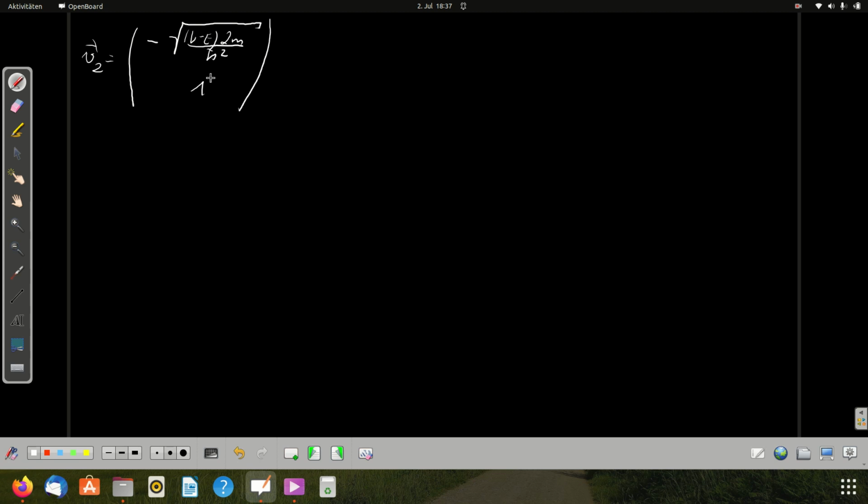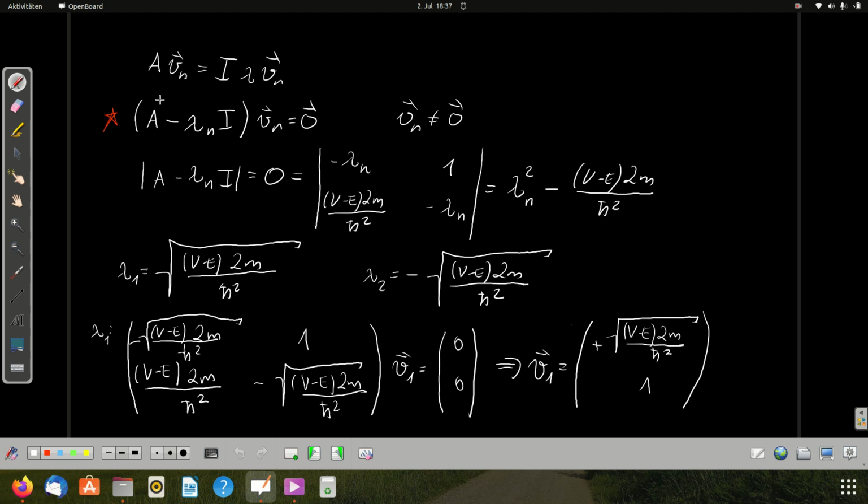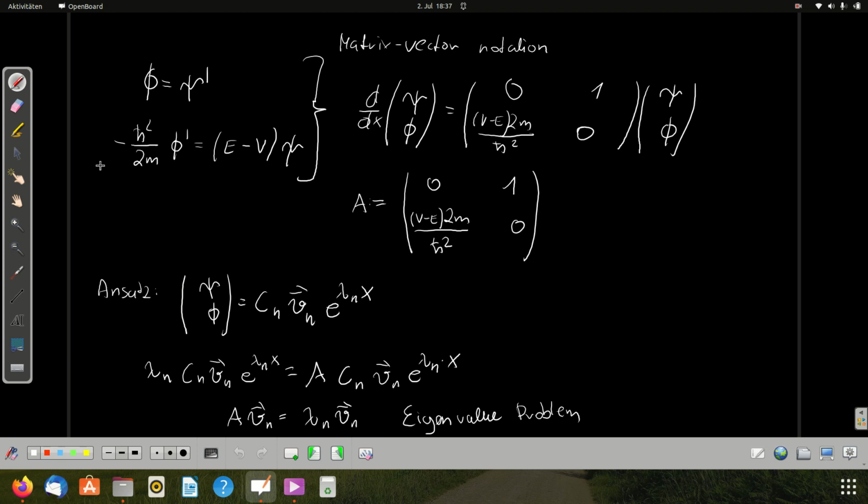So we have now found the two eigenvectors and eigenvalues corresponding to this eigenvalue problem here. And this eigenvalue problem came from an ansatz that we plugged into the two differential equations we actually want to solve.